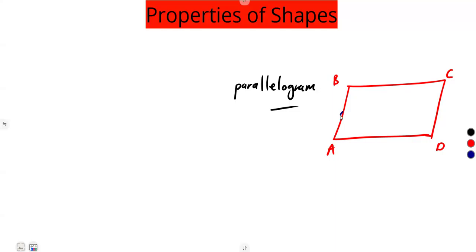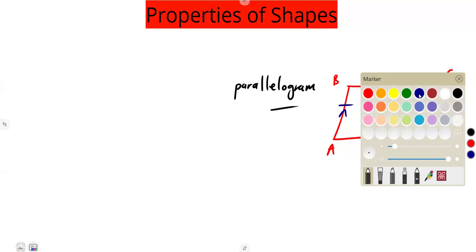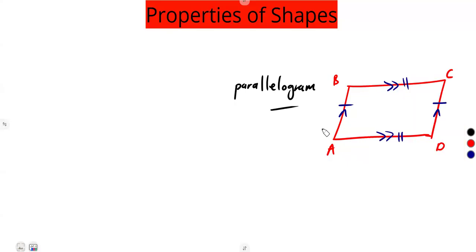So meaning to say this part being parallel and equal, this side being parallel and what? Equal. It is the same concept that you are going to apply under vectors. You're working with the vectors. So when you are given a shape, you consider its properties.